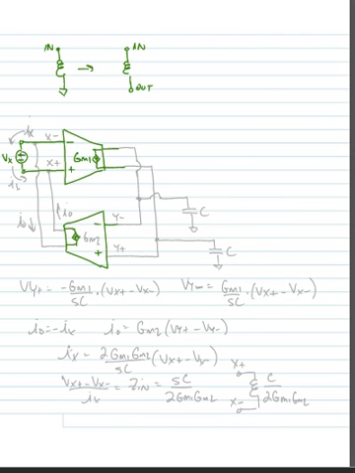Let's connect this in the opposite polarity. Here we have a current Ix flowing this way into the circuit.